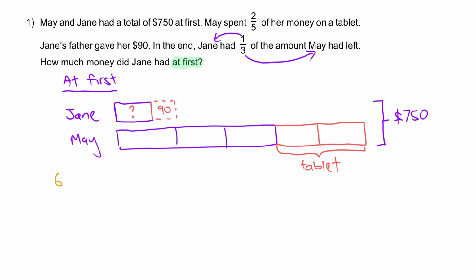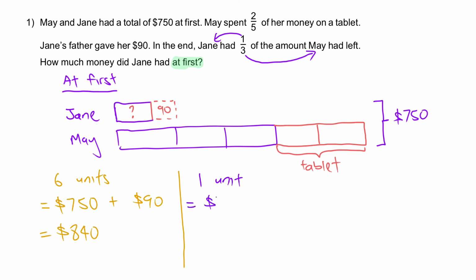First step, 6 units is equal to 750 plus $90, that will give you $840. After that, naturally, is to find out 1 unit. 1 unit will be 840 divided by 6. You should get $140. And this whole thing, it's 140 per unit. Here is 140.